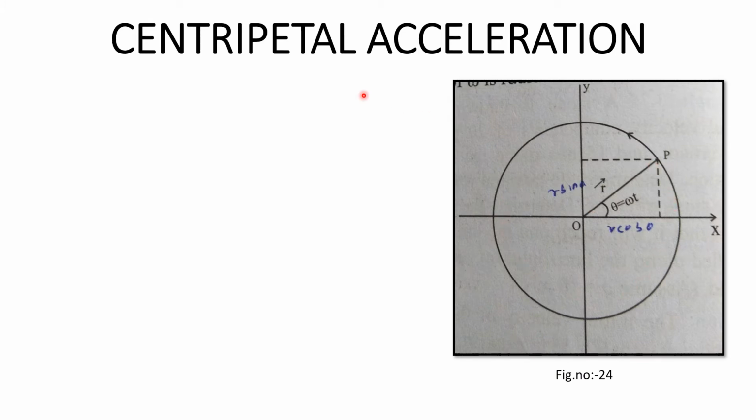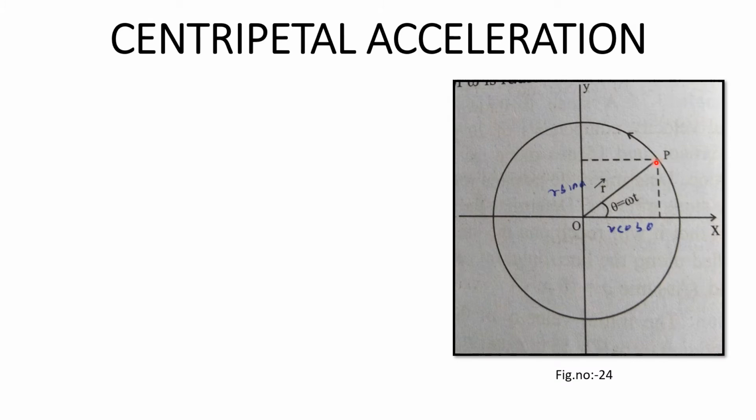Now we know, according to Newton's second law of motion, force is equal to mass into acceleration. If the force is equal to 0, acceleration is also 0. It means acceleration depends upon force. The centripetal force produces centripetal acceleration.